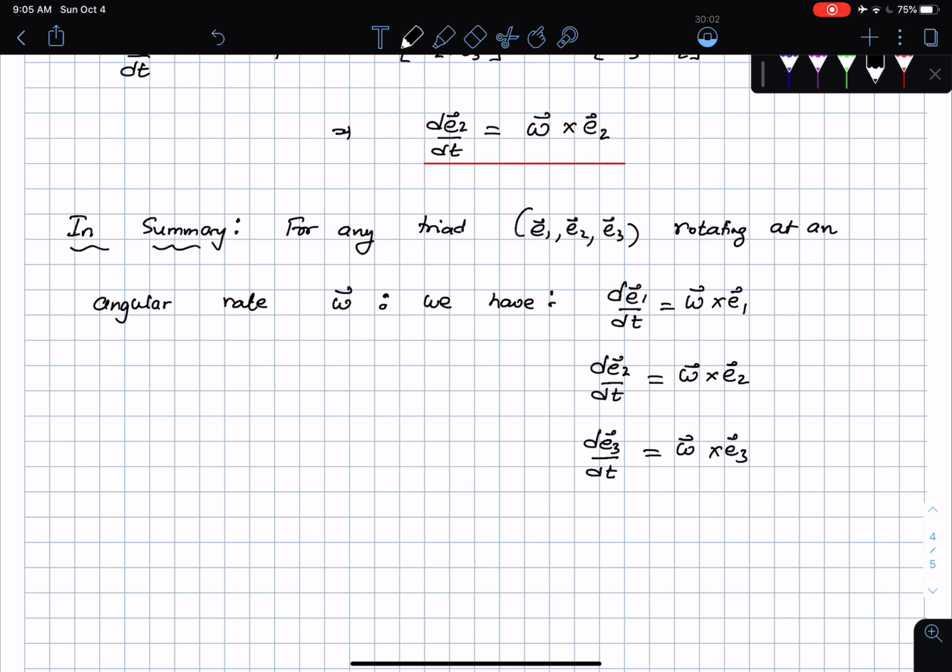Okay, this is the foundational principle of rigid body kinematics, where I see the rate of change of the unit vectors. Okay, so this is very, very important.